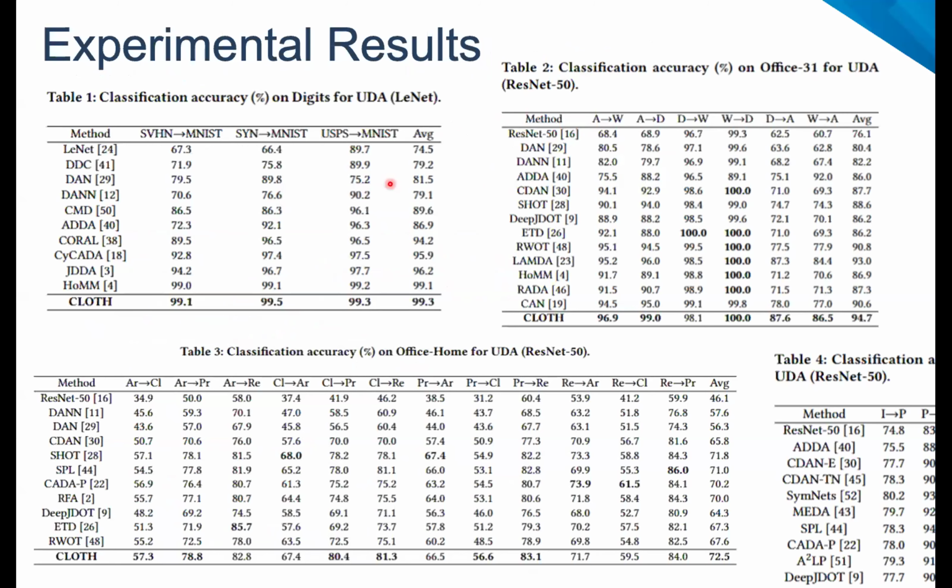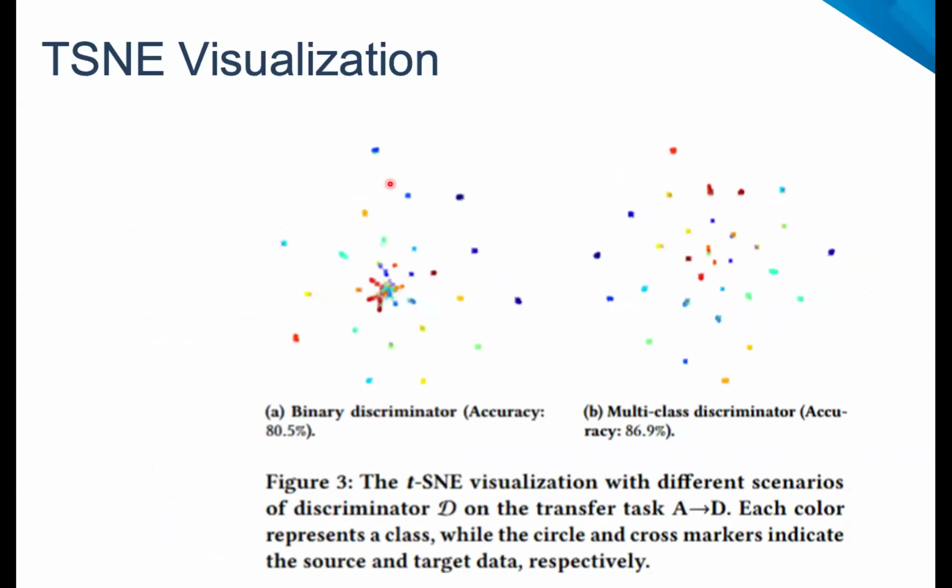We also conduct experiments on all benchmarks in DA, and you can see that our approach outperforms the SOTA baselines by a large margin. We also use t-SNE to visualize the latent representation of the source and target domain in latent space to explain why the algorithm works.